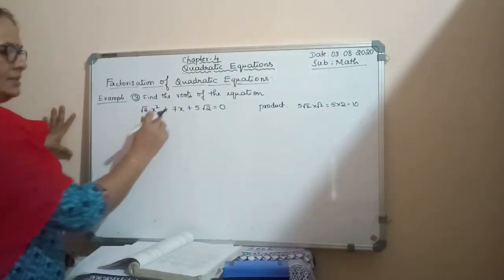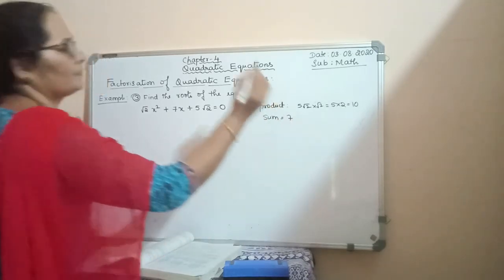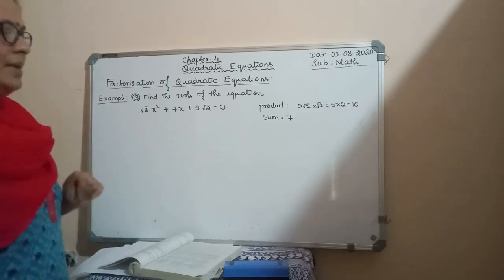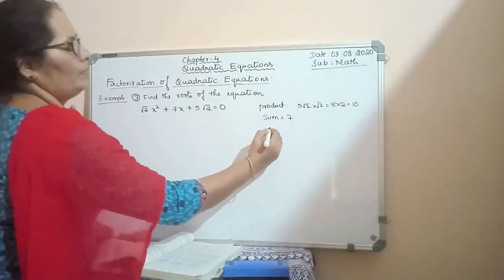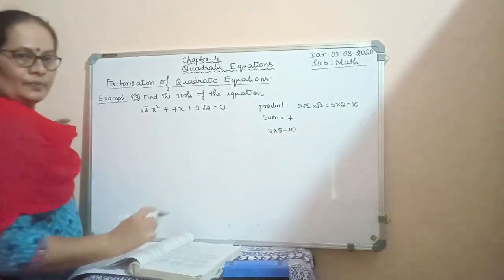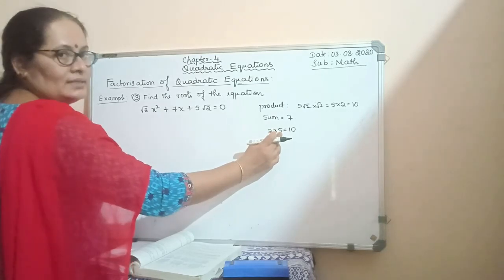Product is 10. Sum is 7. Now 2 into 5 is 10. 2 5s are 10. So 2 plus 5 is 7.